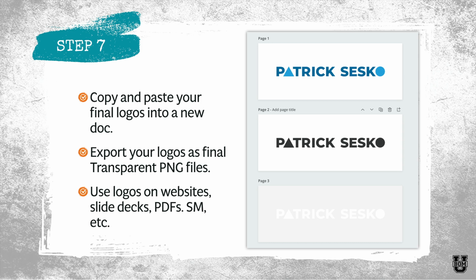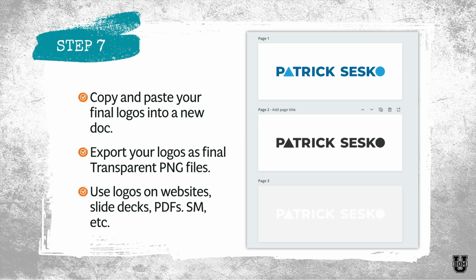And then create a page for each logo, color, black logo and white logo, and put that logo on every page and center it. You want to make sure you have enough white space around it so there's some breathing room. And then you're going to export those pages as final transparent PNG files out of Canva. Each one of those pages will end up being that version of the logo.